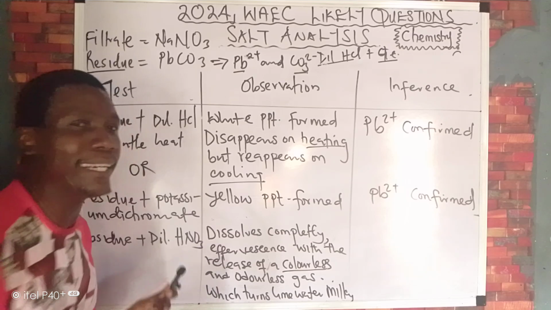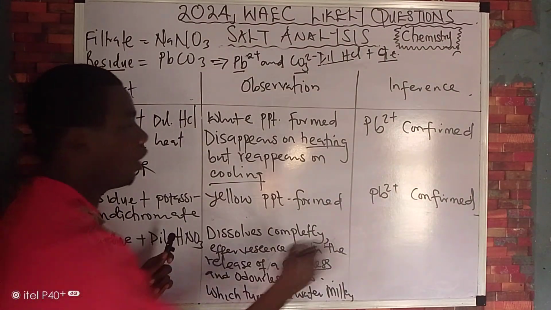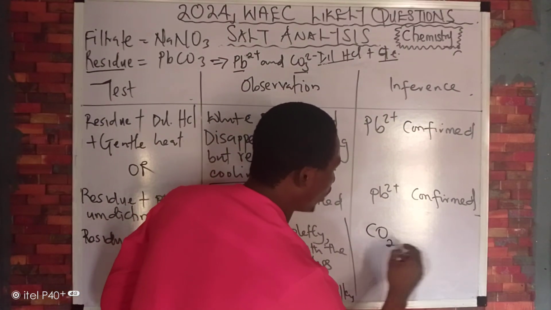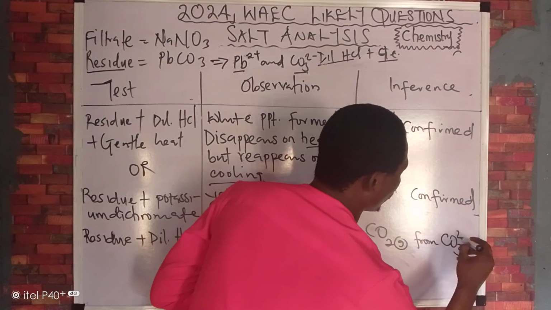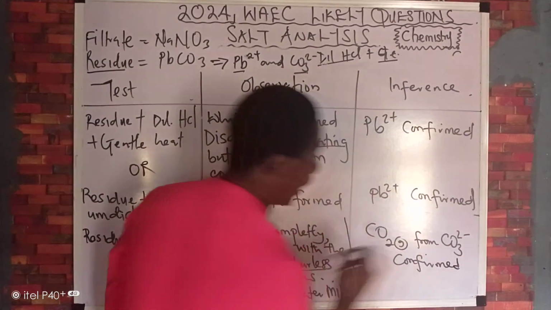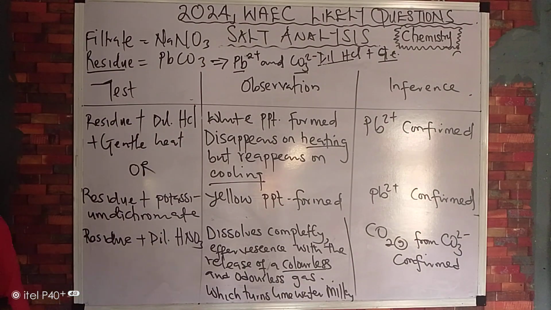That means only carbon dioxide turns lime water milky. So which ion is there? We simply say CO2 gas, from CO3 2-, confirmed. You see it now? This is the end of the test on the residue.